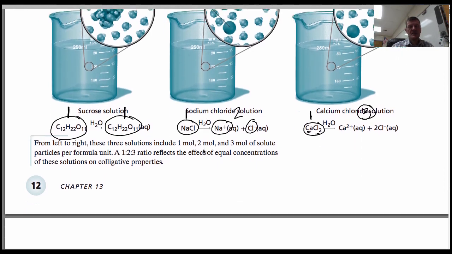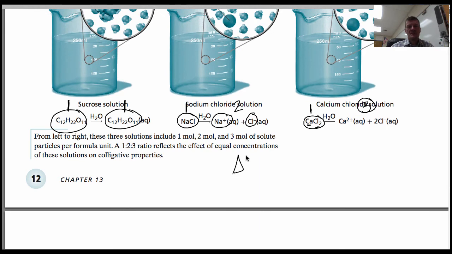All right? So remember our formula? Delta TF equals Km, or delta TB equals Km. This is for freezing and boiling. If it's ionic, we are going to multiply by how many ions are created.